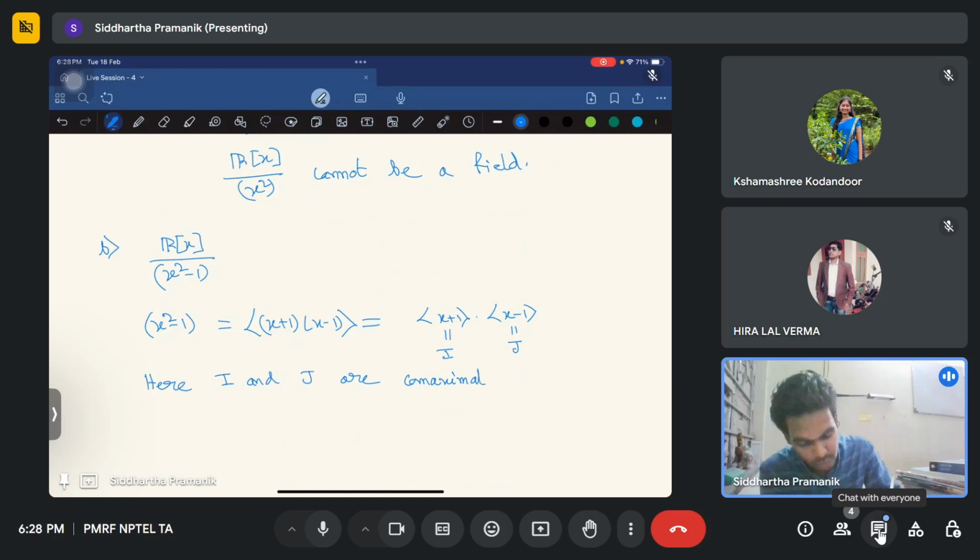Comaximal means that the sum is the whole ring, which here is R[x]. Can you see why I plus J is the whole ring?